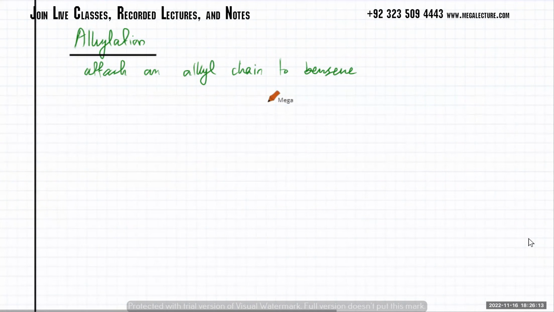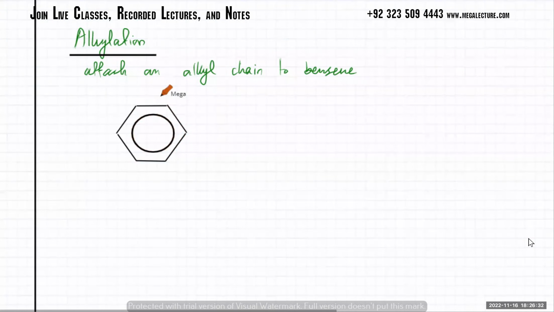Now what happens in this one is that you have benzene, and I want to attach a carbon chain to it. The mechanism is not in your course. So what I'm going to do is react it with a halogenoalkane.